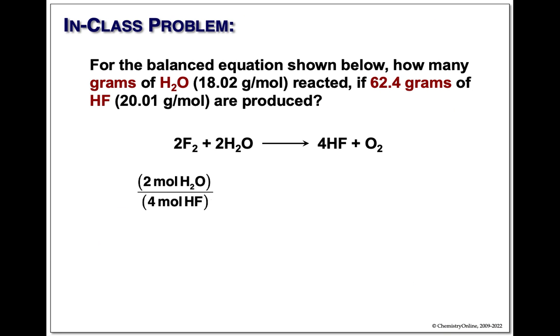Now, in order to make this into a mass ratio, what you do is simply multiply each of these by their molar mass. Water is about 18, HF is about 20. So we would multiply 2 times 18, 4 times 20.